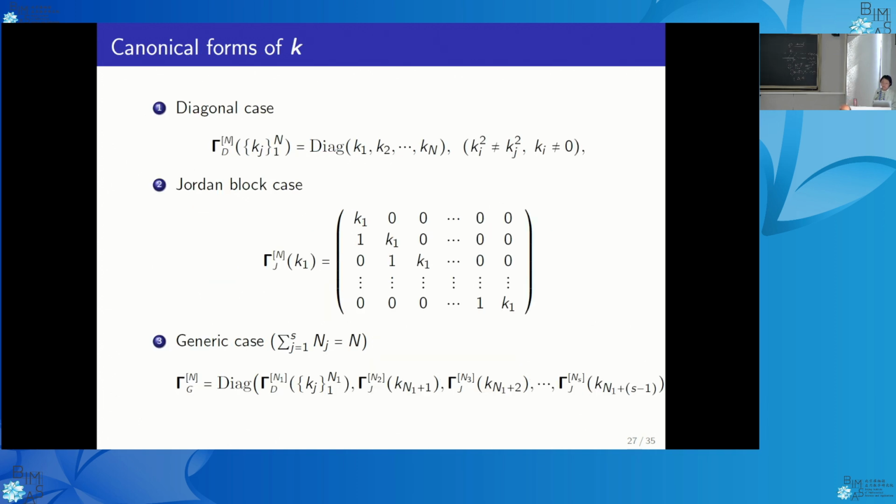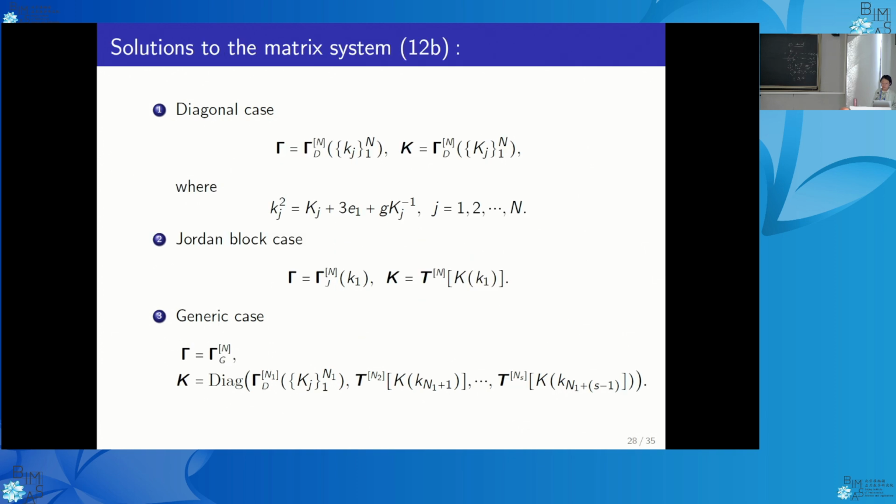The canonical forms of K are similar to the ones we mentioned before, and from which we could get the K. So for the diagonal case, gamma is a diagonal matrix, and also K is diagonal. Their elements satisfy all these relations.